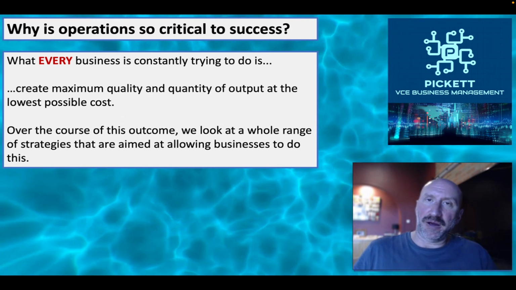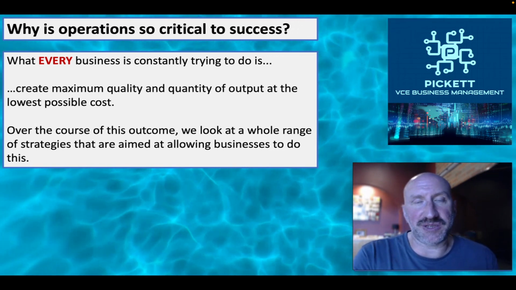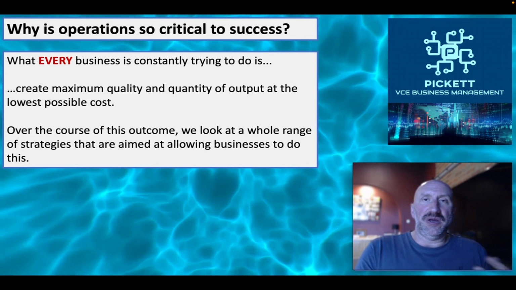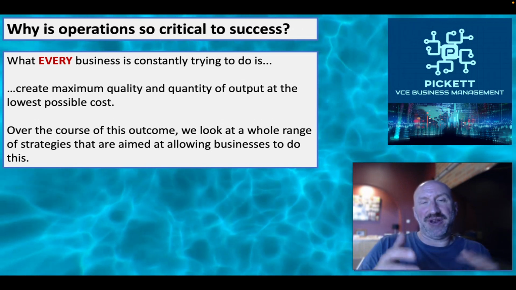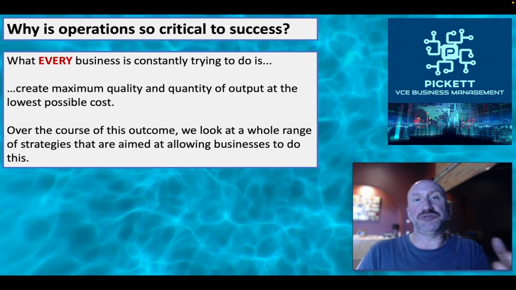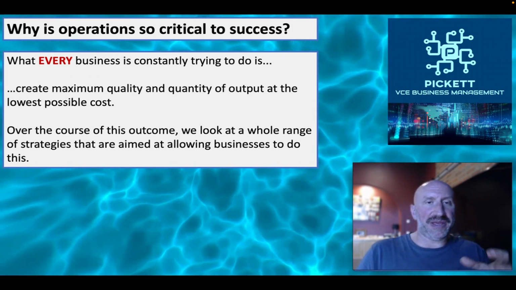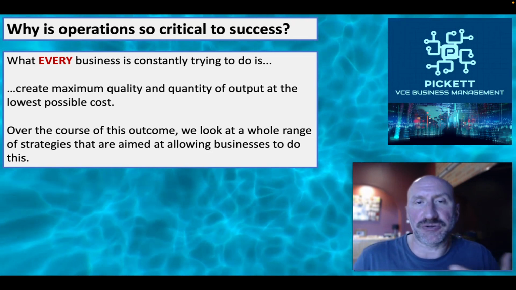Now, over the course of this outcome, we're going to look at a whole range of strategies that businesses use, which allow them to do that, and focus on different aspects. We're going to look, for example, at how businesses can use technology to do this, how they can manage quality to do this, how they can manage their materials to do this.